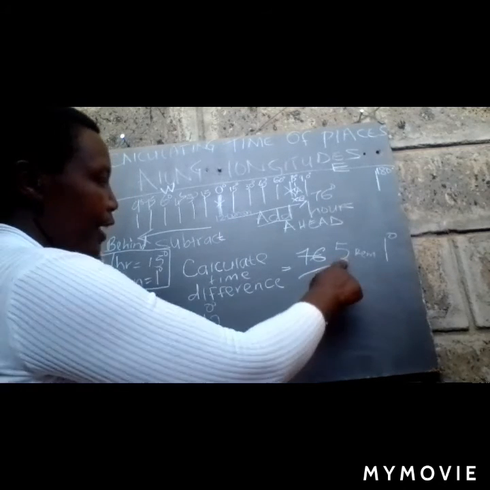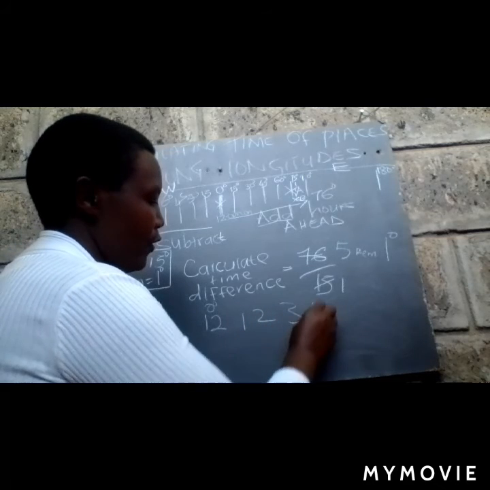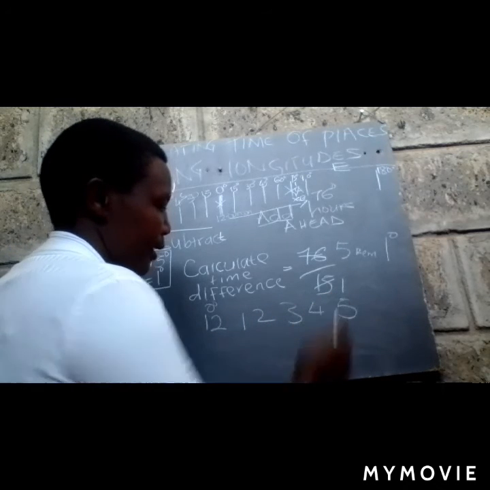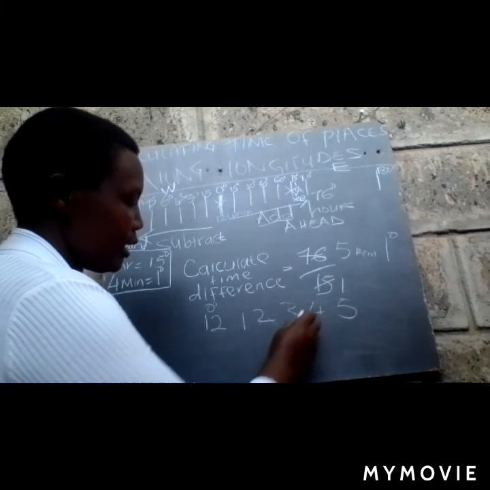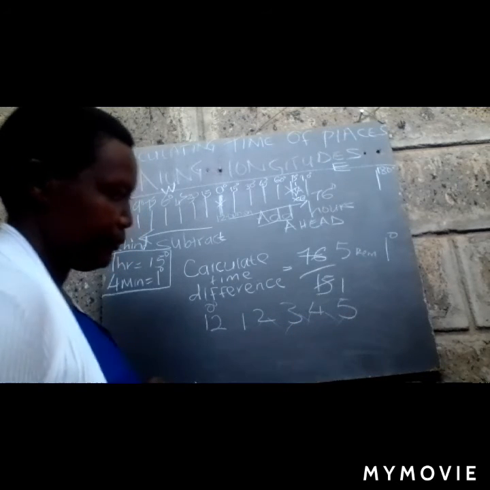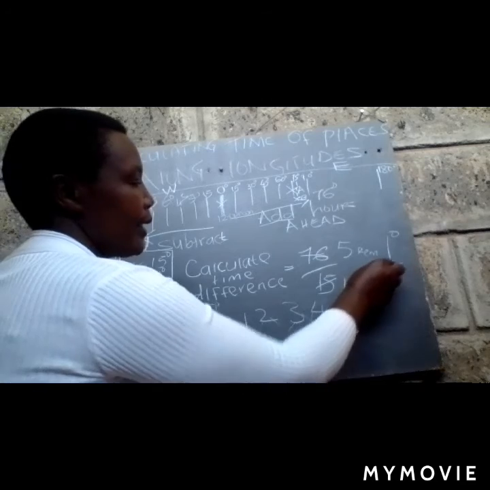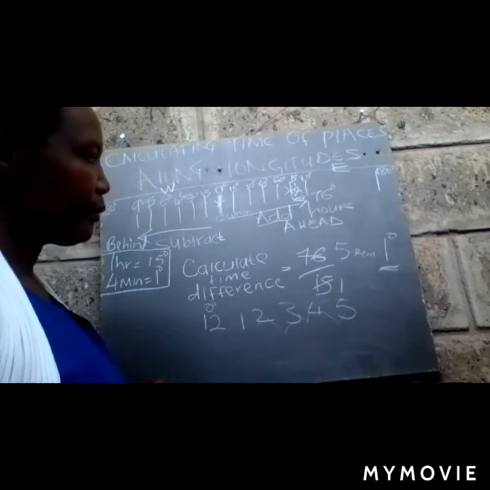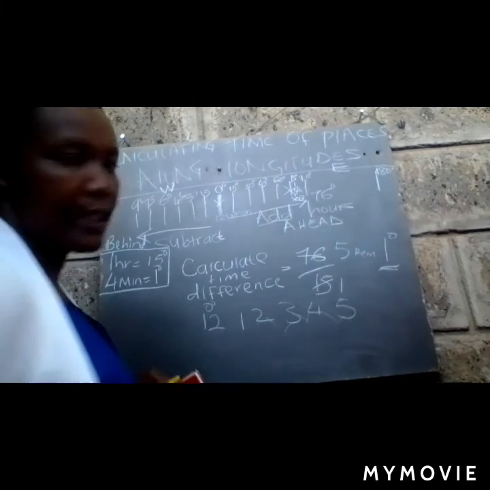So we shall have 5 hours added, 1, 2, 3, 4, 5 hours. So it's at 5. But we have 1 degree extra because it was at 76 degrees.